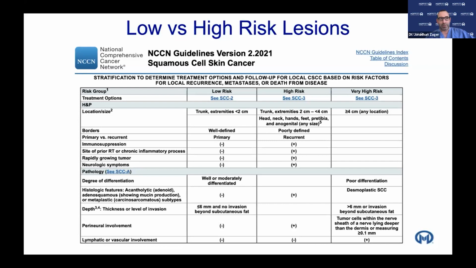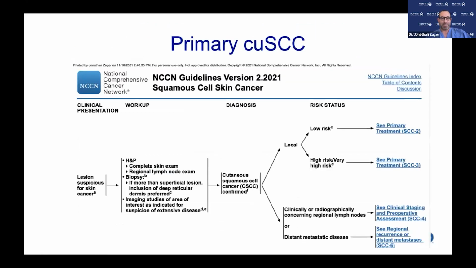It is well or moderately differentiated, which means how ugly it looks under the microscope, with well differentiated looking more like normal skin or towards the normal skin spectrum, and poorly differentiated, where you see on the right-hand side of your screen, sometimes even confuses the dermatopathologist, not Dr. Sai, but other dermatopathologists, as to what we could be dealing with.